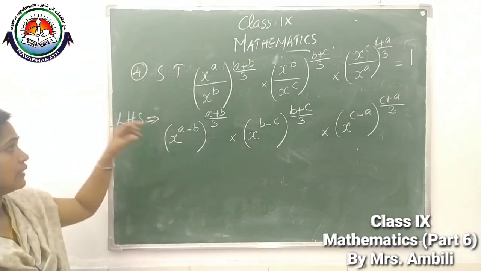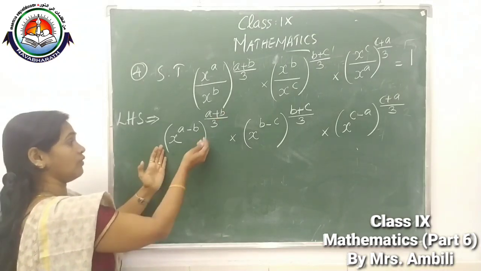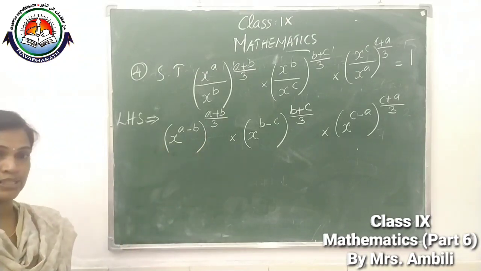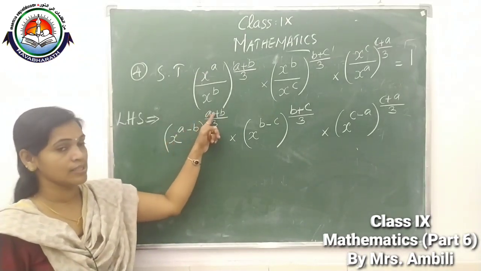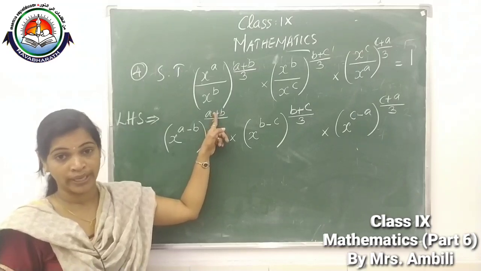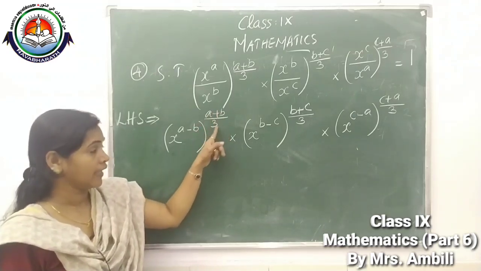Clear? Okay. Next, again one law we can use: (a^m)^n = a^(m×n). Apply that law here.